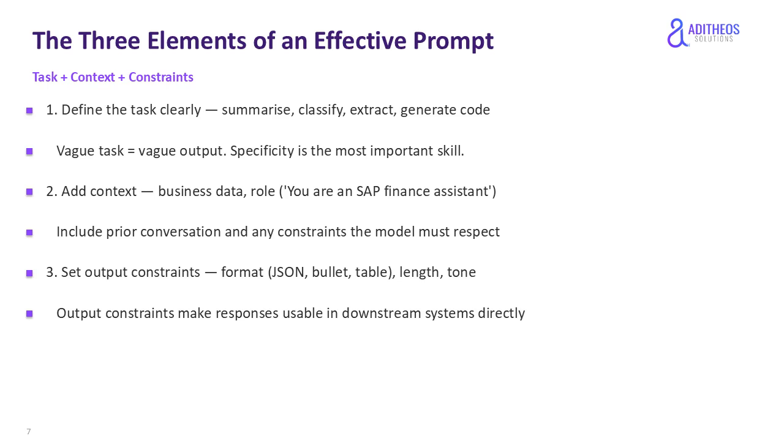Length, 1 paragraph, maximum 200 words. Tone, formal, conversational, and any content restrictions. Output constraints are what make responses immediately usable in downstream systems without additional processing. These three elements together transform a vague request into a reliable, consistent AI interaction.